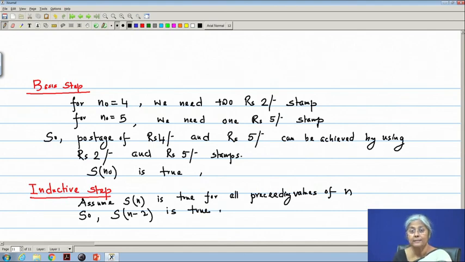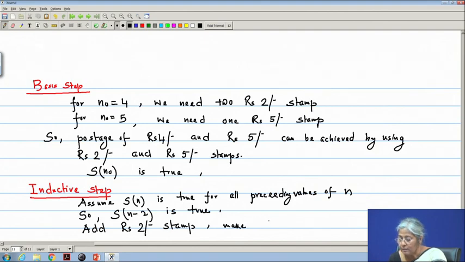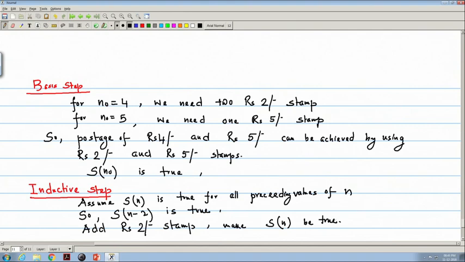So, once Sn minus 2 is true, add a ₹2 stamp and make Sn true. So, it is proved. Once Sn minus 2 is true, we just add ₹2 and Sn is true.